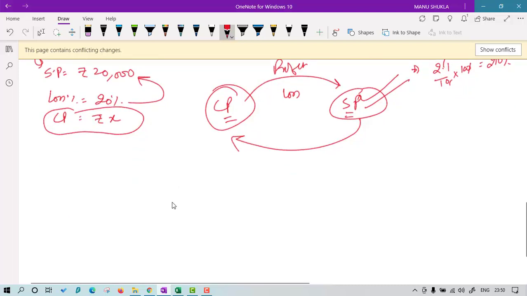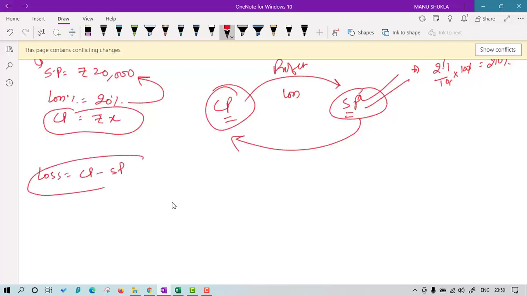Obviously we have to find the loss value, because somehow we know the relation between these three: loss is equal to CP minus SP, because now CP is more than SP. Now the thing is we need to have the loss value, but given to us is the loss percentage. How to find the loss value? Very simple.